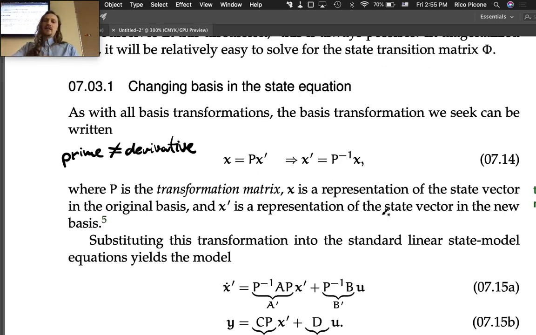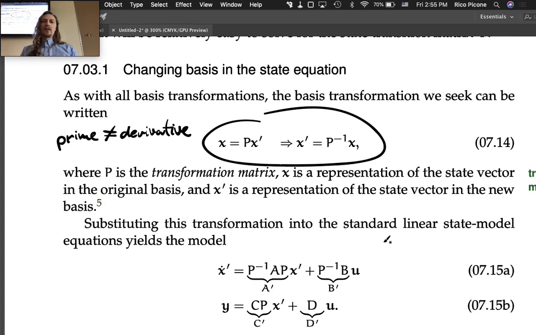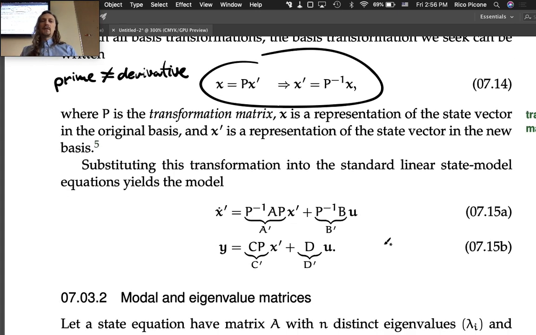Great, so basis transformation is what we're doing. These are the formulas that go back and forth. To go from x prime to x, you have this transformation. To go from x to x prime, you have this transformation. Substituting this transformation into the standard linear state model equations yields the model.